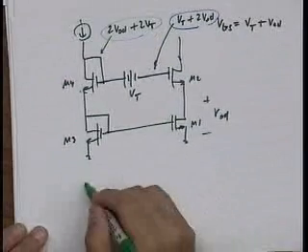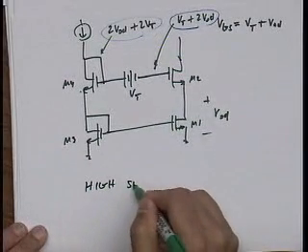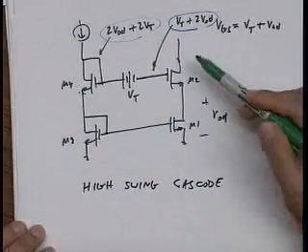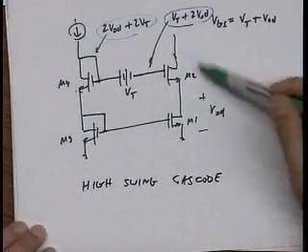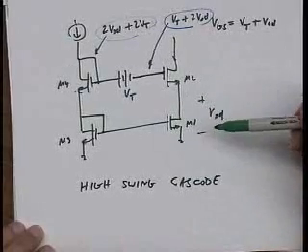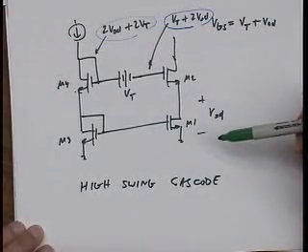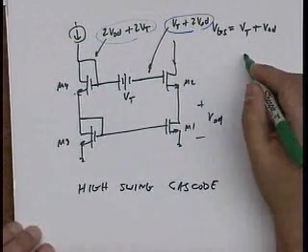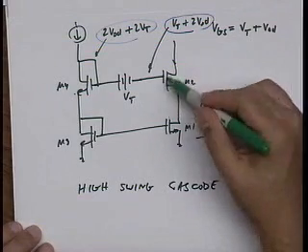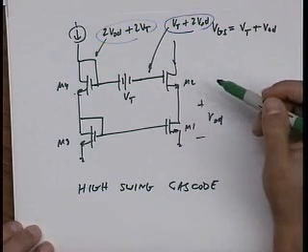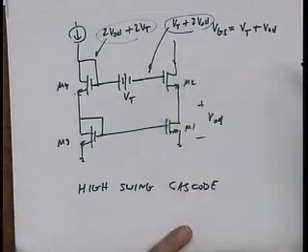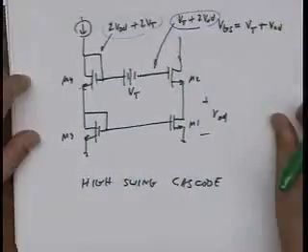Now this circuit has a name. It's called a high swing cascode because it allows us to really maximize the swing that we can get out of this cascode by operating this transistor at the threshold of triode region. Incidentally, what's the lowest voltage I can go? Well, the lowest voltage I can go is when this device is at the edge of saturation.